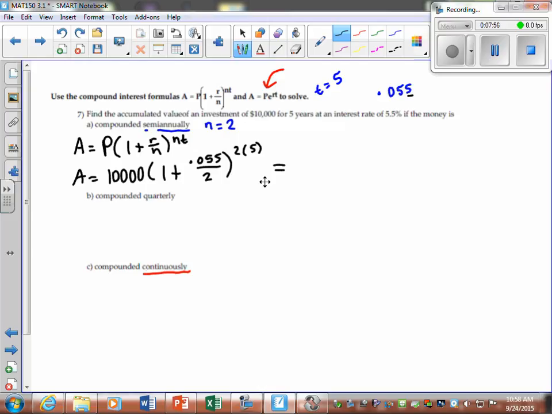I personally, over time, have just found that most people tend to do better if they plug this in the calculator, 0.055, divide by 2, hit enter, add 1 to that, hit enter, then raise it to the 10th power, hit enter, and then last multiply it by this. Okay, you do whatever works for you. If you're able to successfully plug the entire thing in using the appropriate amount of parentheses, good for you. If not, then I would suggest doing it the second way that I mentioned.